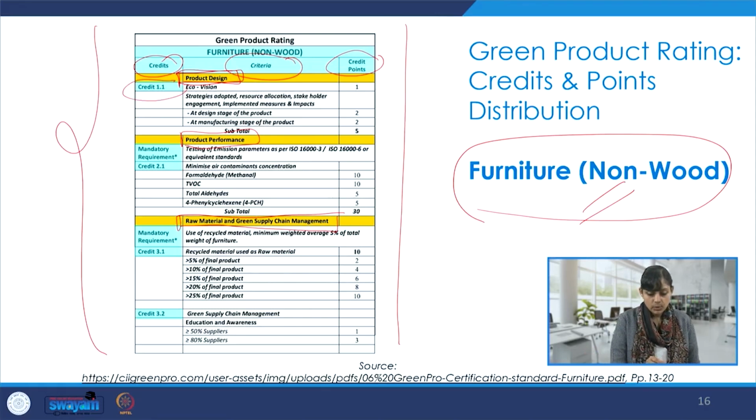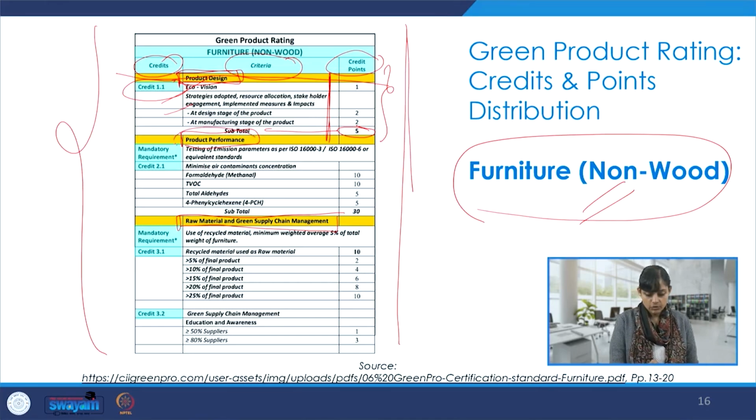So credit 1.1, within the order of product design, talks about eco-vision, strategies adopted, resource allocation, implemented measures, impacts, all of that. And for these different points under credit 1.1, within the umbrella of product design, there are credit points which are given, and there are subtotals for each of these orders.